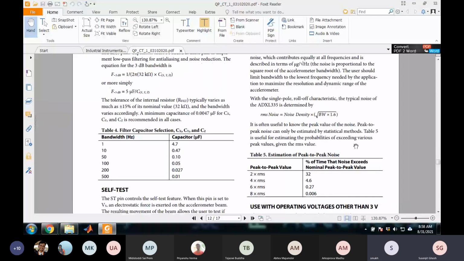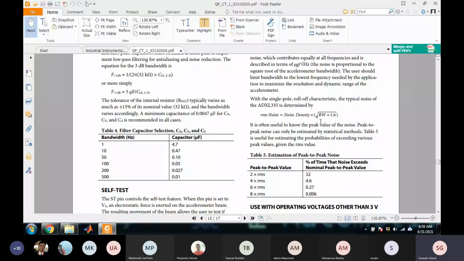So here you can see the relation of the noise density with the RMS value of noise. That is given here: RMS noise is noise density into root of bandwidth into 1.6. So given the bandwidth and noise density, we can calculate the RMS value of the noise.